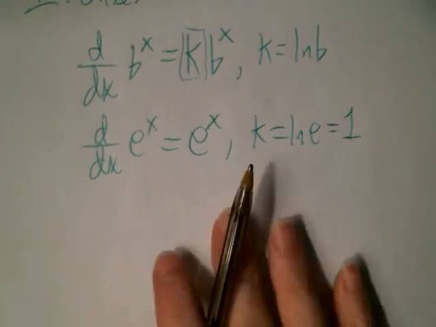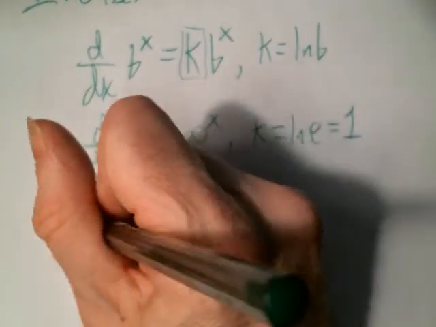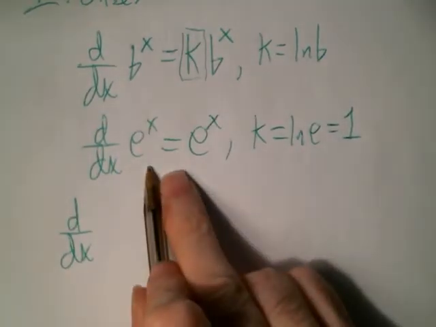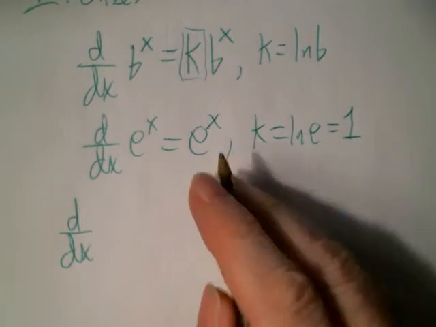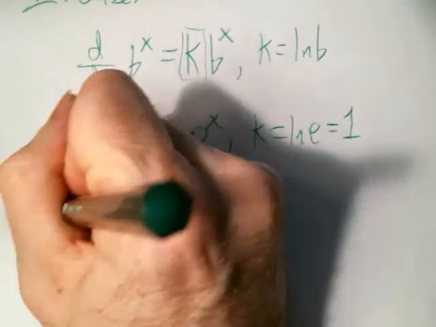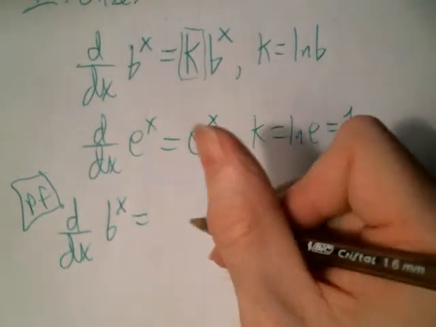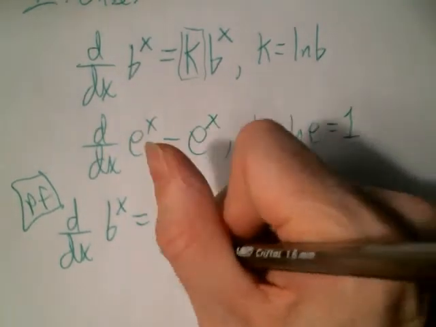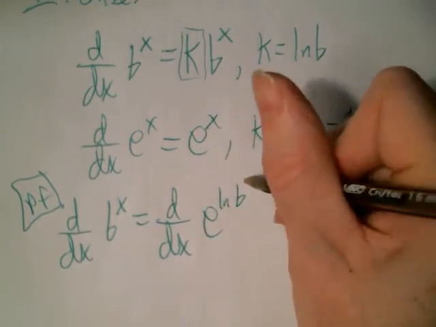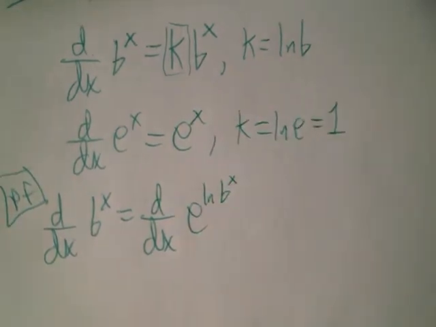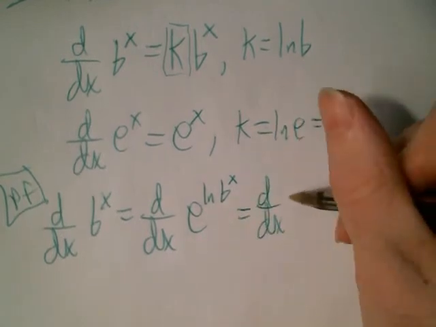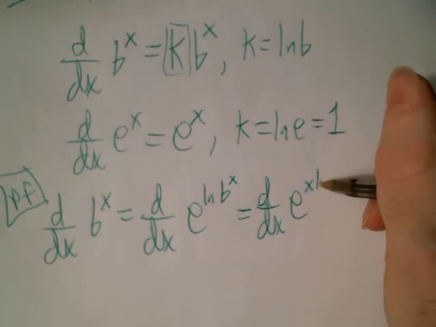So can I prove it to you? Well, you can take any of these guys and turn it into one of these guys and then just apply the chain rule. Okay, so the derivative of b to the x is, I don't know if this is a proof or not, but hopefully an explanation. The derivative with respect to x of e to the ln of b to the x. And then this will equal the derivative with respect to x of e to the x ln b.